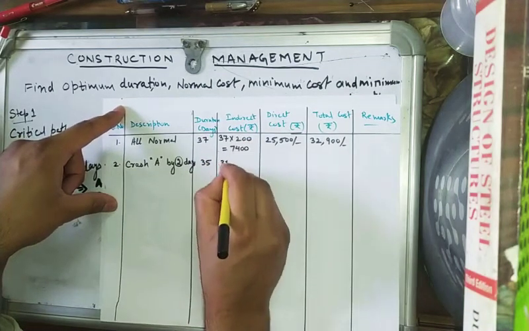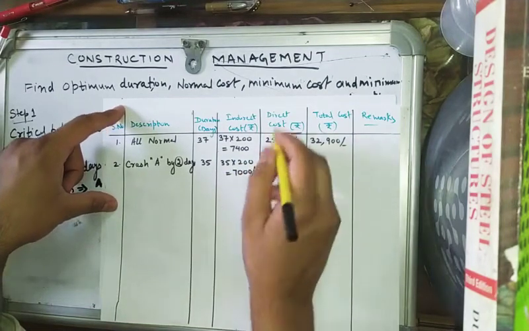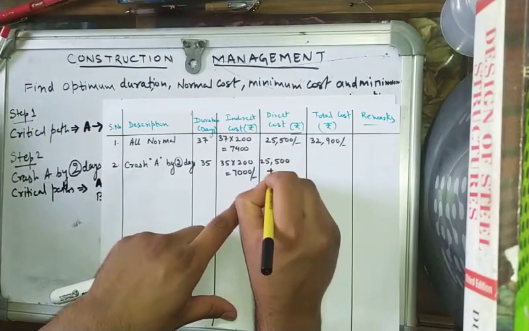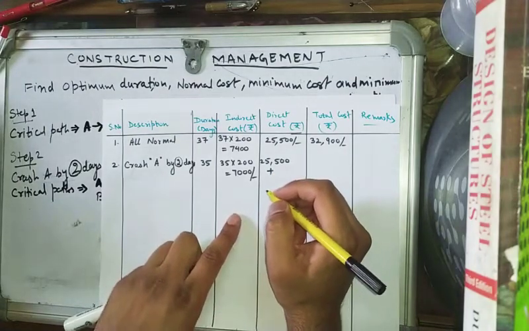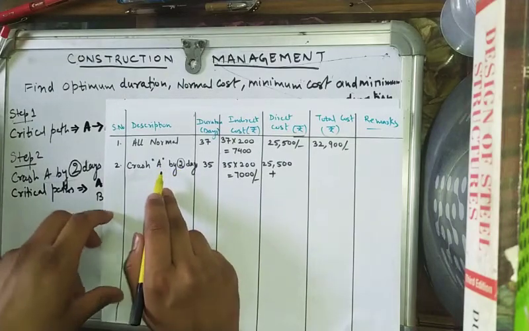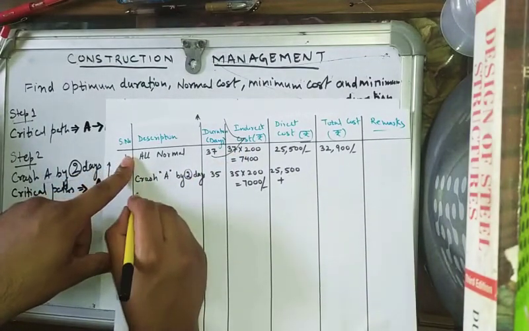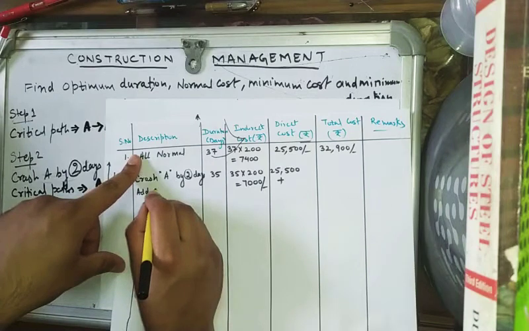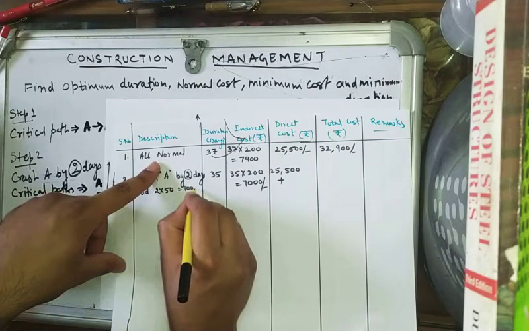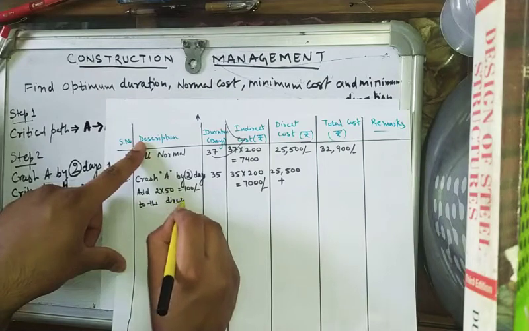So indirect cost will be 35 into 200 is equal to 7,000, and direct cost is 25,500 plus the cost slope of A is 50. So add 2 into 50, equal to 100, to the direct cost.